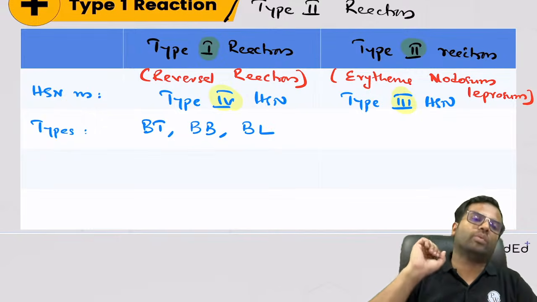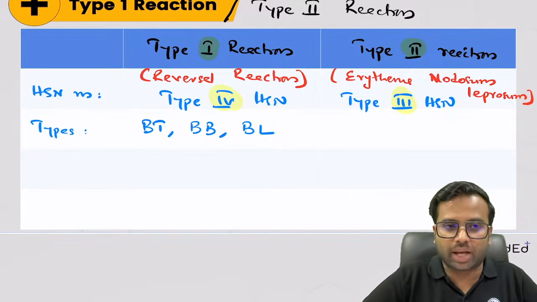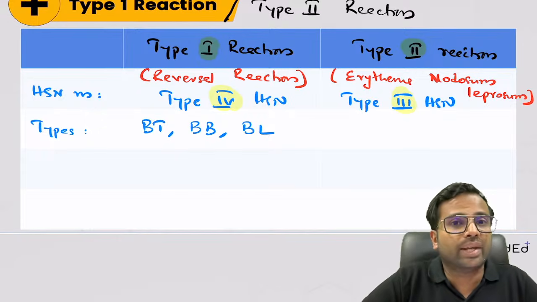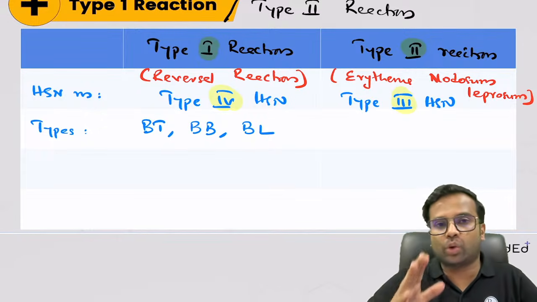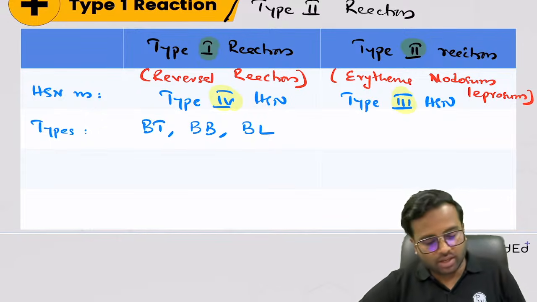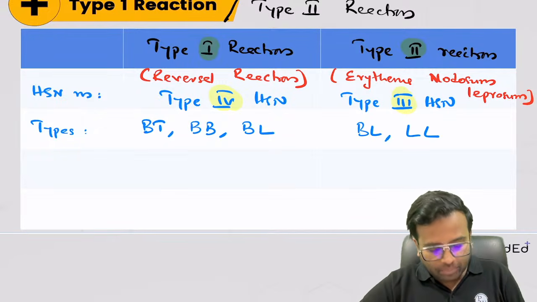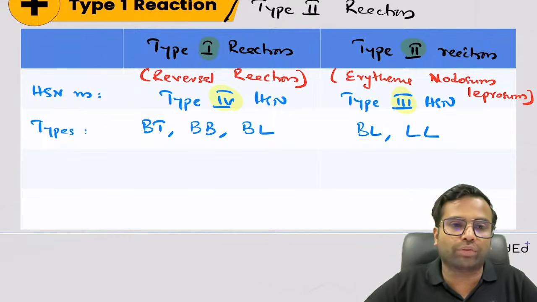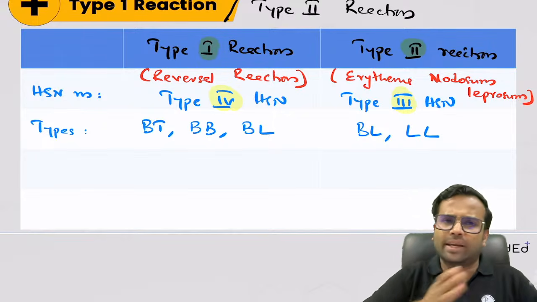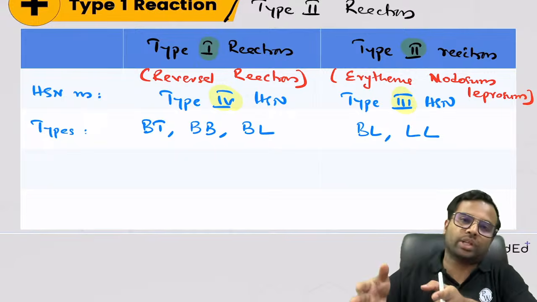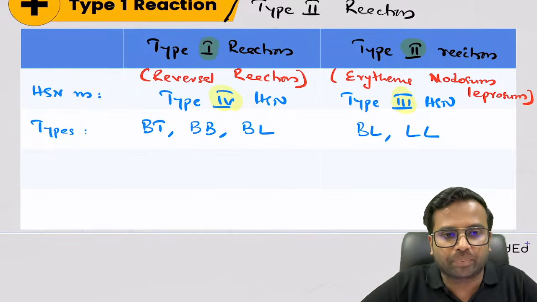All these types will show a type 1 lepra reaction, whereas every lepromatous type is going to show a type 2 lepra reaction. What are the lepromatous types? That is borderline lepromatous and lepromatous type of leprosy. Easy, right? One is borderline type, the other is lepromatous type.